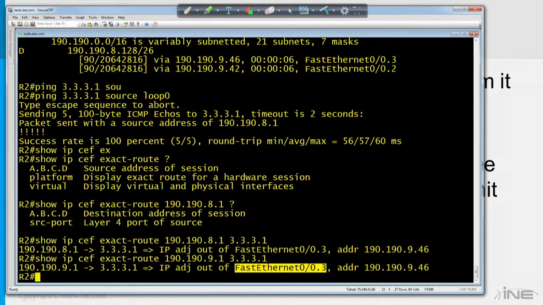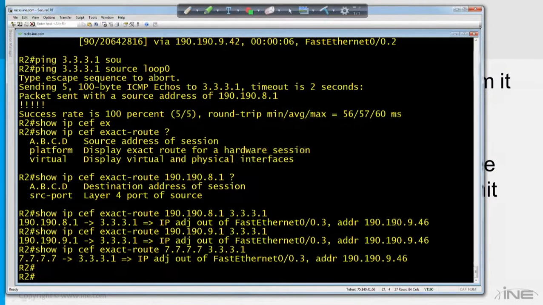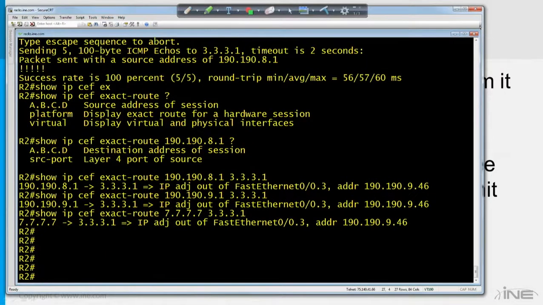What if you got some random packet, maybe it's not generating itself? What if it came from some totally different network? Let's just make something up. How about it came from the 7.7.7 host? That would also go out .3. So I'm not sure under what criteria it would choose .2.